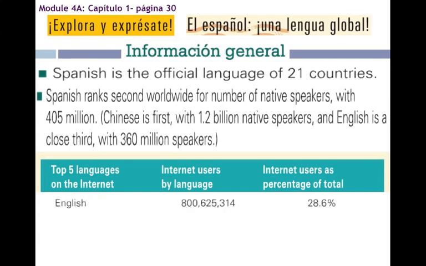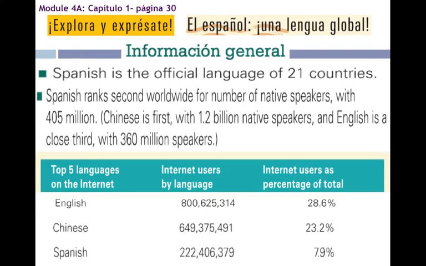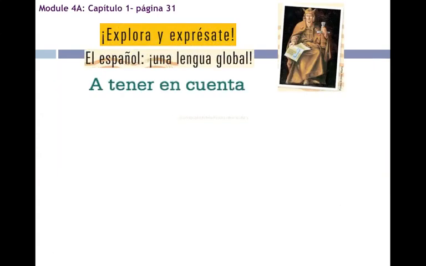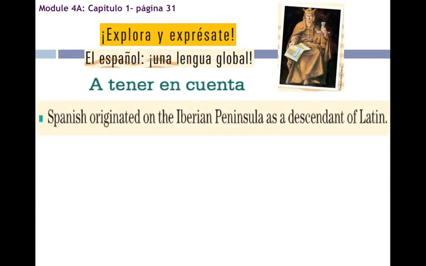As far as the internet goes, English is the top language used for internet purposes, Chinese, and then Spanish comes in third. A few more things a tener en cuenta, to have in mind. Spanish originated on the Iberian Peninsula, which is that piece of land southwest of Europe, as a descendant of Latin roots for the Spanish language.